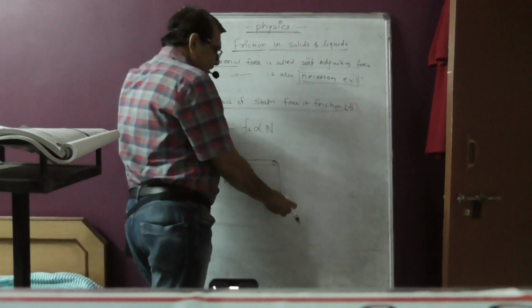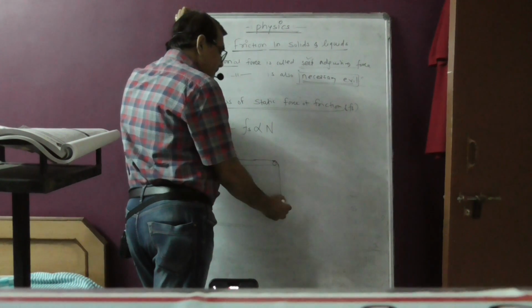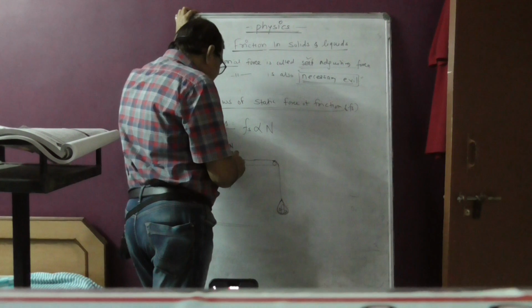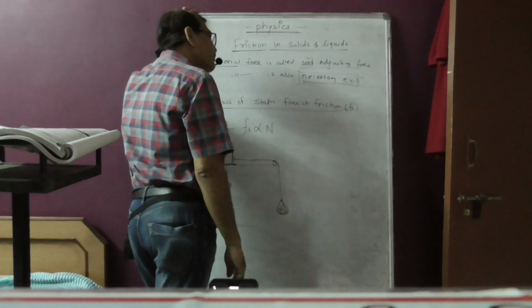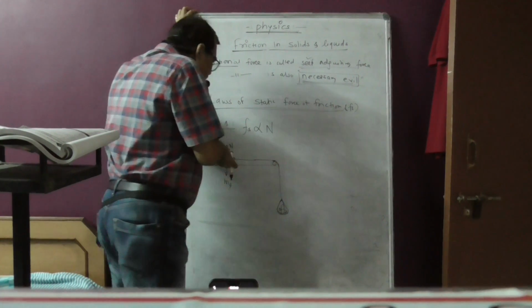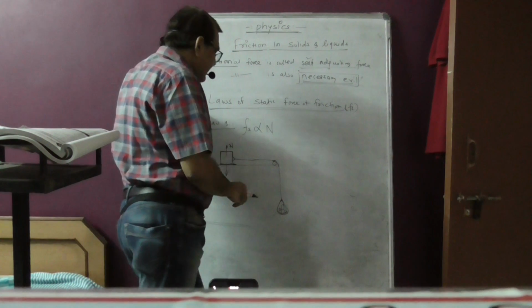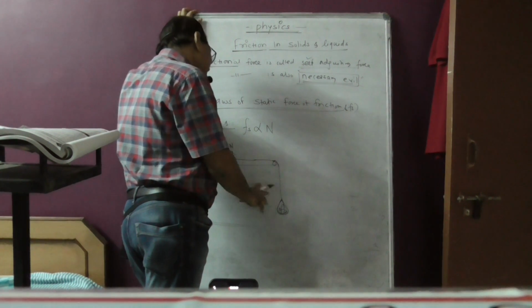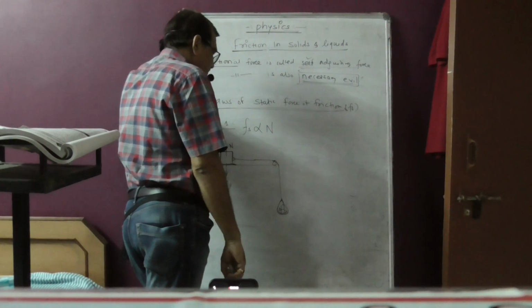If we put smaller weights into the pan, the box will not slide over the surface at first. If I put 1 gram, 2 gram, 3 gram, in that case this block is not going to move, so that is the limiting static force of friction.